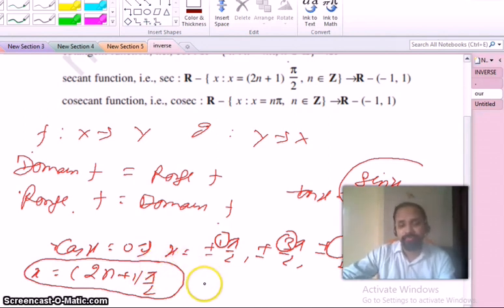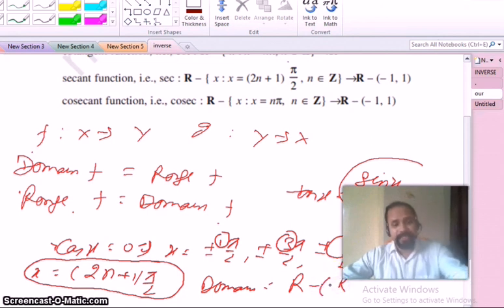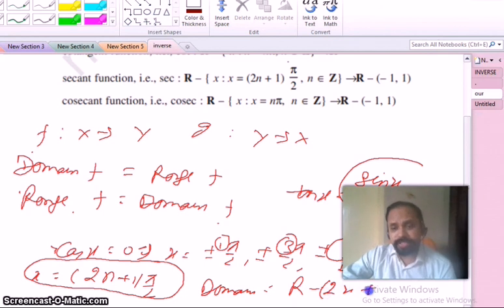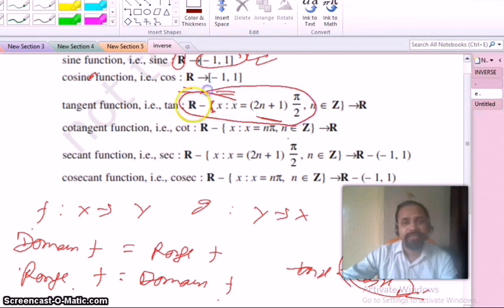So the domain of tan theta is all real numbers except the values where cos theta becomes 0, and cos theta becomes 0 at 2n plus 1 pi by 2. Just see, the domain of tan theta is all real numbers except 2n plus 1 pi by 2. Okay, this is the domain of tan theta.